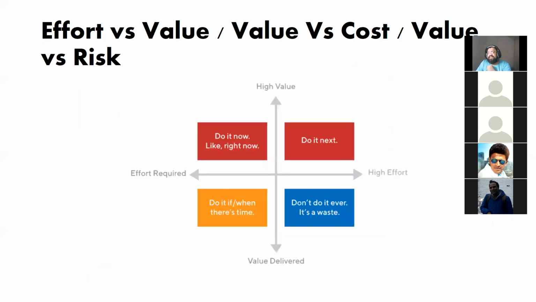Okay. So the next one is the Eisenhower matrix, which is nothing but cost versus value, or value versus cost, or value versus risk, or it can be multiple combinations. All it does is: put less effort, get high value, do it immediately. That becomes the must haves.